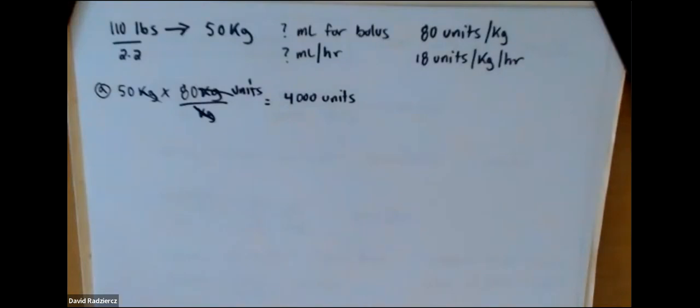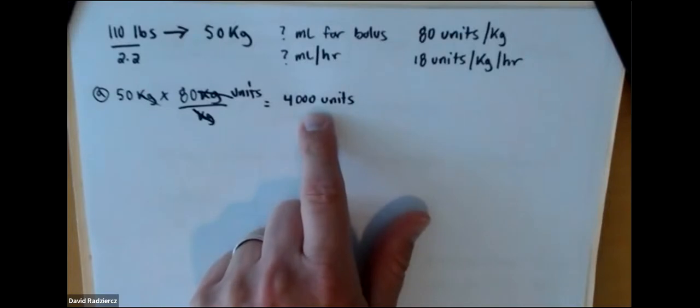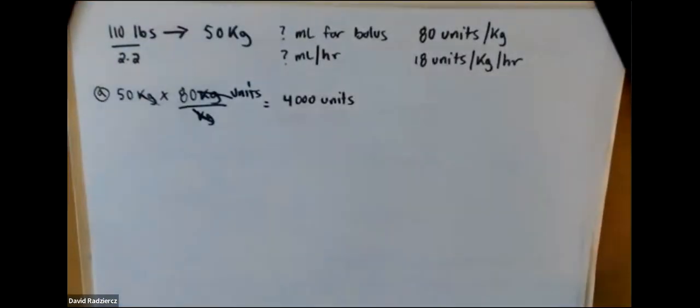So just like a weight-based calculation, how many units would you give? You're going to give 4,000 units. If the question asked for how many units for the bolus, you'd be done. 4,000 units, done. Okay, let me just make sure. No, we're good.